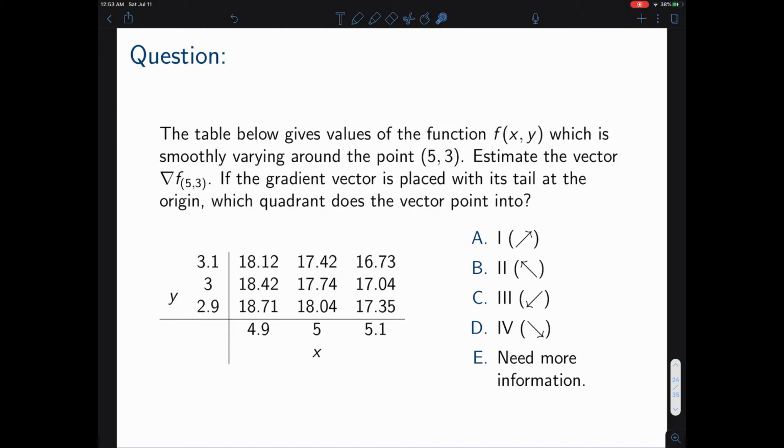Here's a question for you. Here's a table that gives values of the function f of x, y. These are the x coordinates, 4.95, 5.1, and the y coordinates, 2.93, 3.1. Inside the table are the z values, where z equals f of x, y, the function outputs.